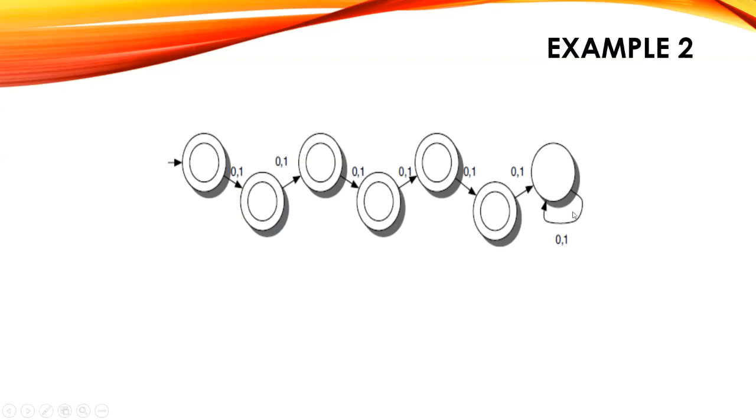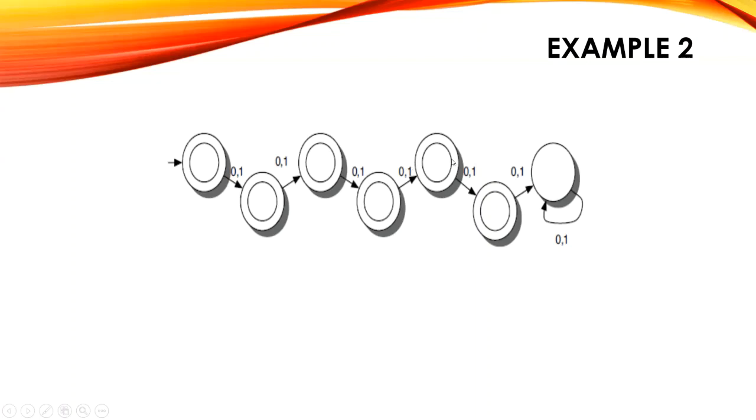So what string can be accepted by this automaton? An empty string could be accepted. It will be on this final state, A. If we have length 1, it will be accepted. Length 2 still accepted. Length 3 still accepted.